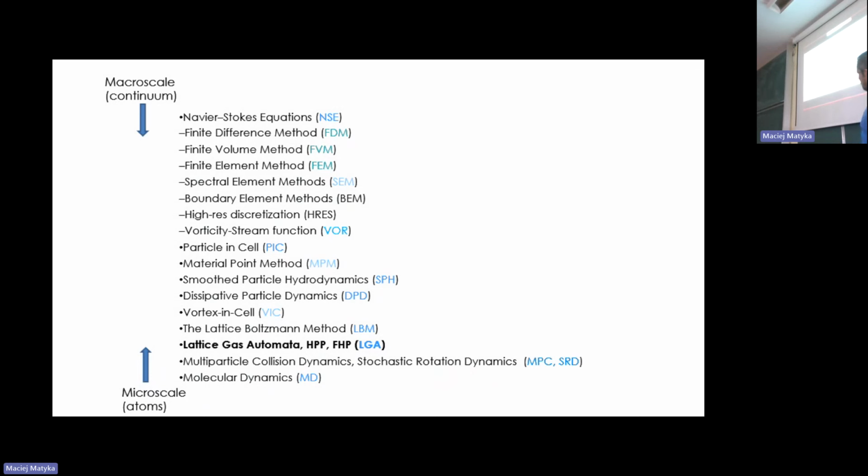Methods from the very bottom, like from microscale, molecular dynamics, as you probably know, as physicists that work with simulation methods as well at some levels, they can be used both for solid state physics, for atom surfaces, for the simulations of atom systems, as well as fluids. So you can solve Navier-Stokes, but then you have to use a lot of atoms, a lot of particles. But here you directly integrate. So it's not an easy question.